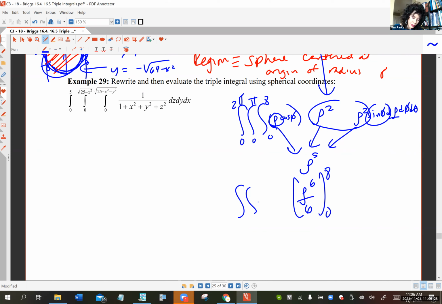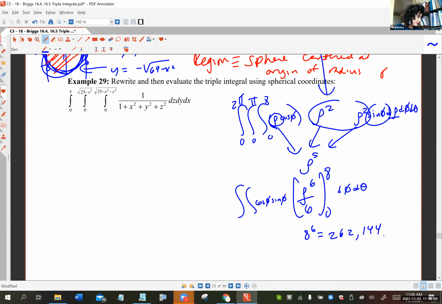Now, keep in mind, you still have a cos phi times a sine phi in there. And then you also have d phi d theta. And then what the heck is 8 to the 6th power? Oh, man. 8 to the 6th is 262,144. Yeah, I knew that.